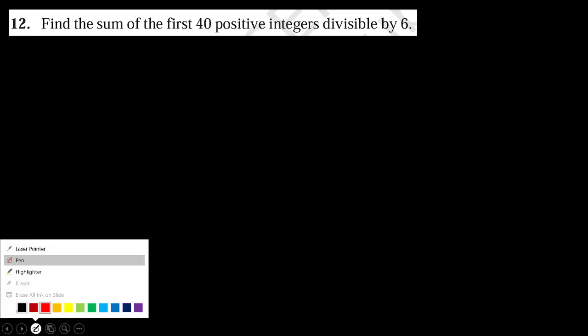It's a direct question. The first positive natural number divisible by 6 is 6 itself. Is it correct? 6 is divisible by 6. The next natural number divisible by 6 is 12.